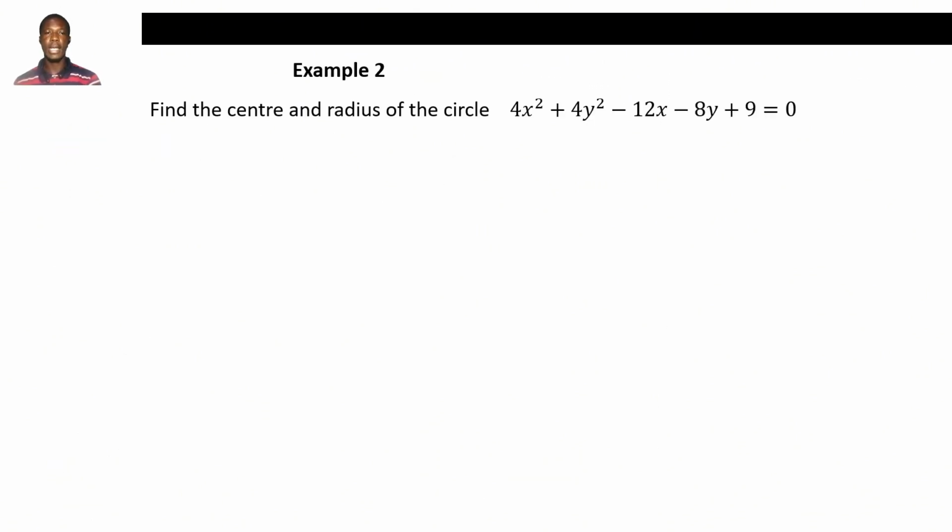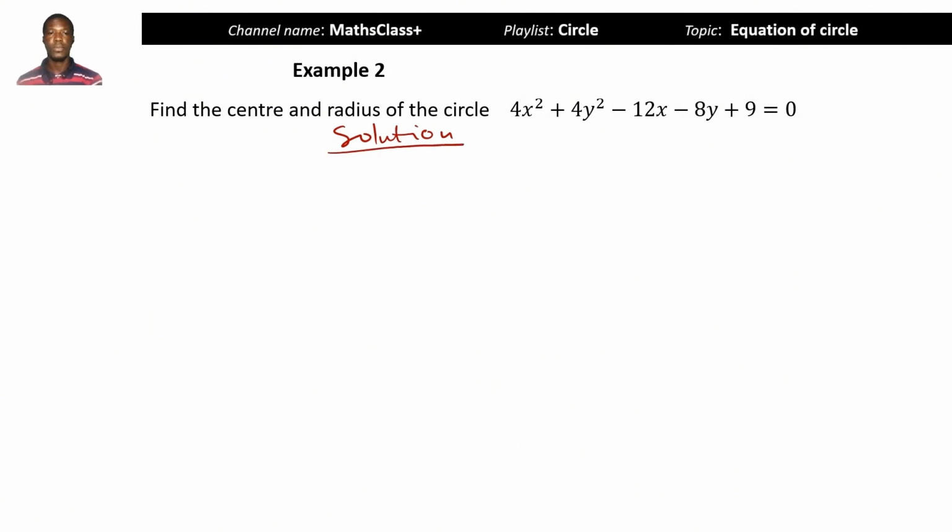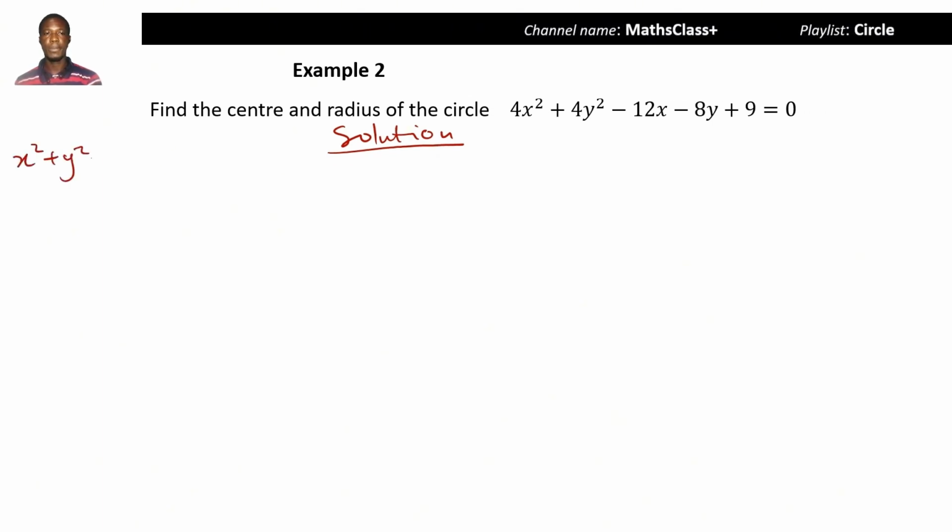Now let's take our second example. Find the center and radius of a circle 4x squared plus 4y squared minus 12x minus 8y plus 9 is equal to 0. So our solution. Our general formula is x squared plus y squared plus 2gx plus 2fy plus c is equal to 0.